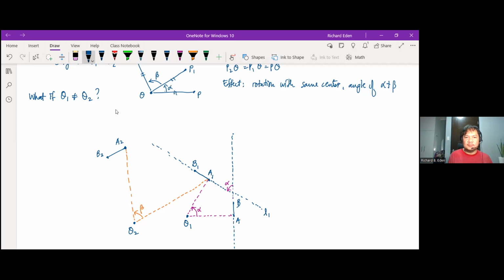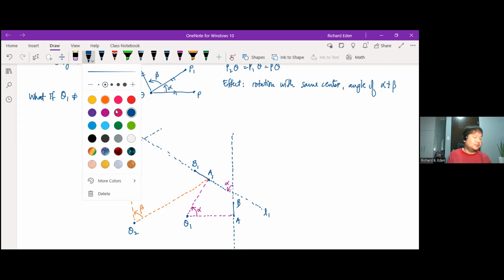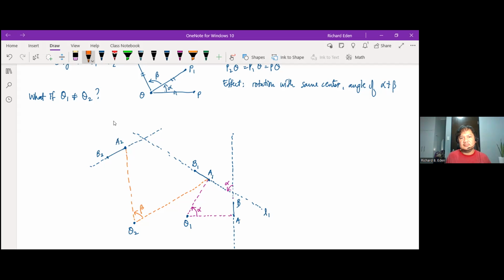Okay, so this is line 2. Line 2. So between L1 and L2, the angle that we get to form is... here we have beta here. Okay, so that's beta there. And then this is angle line 2.